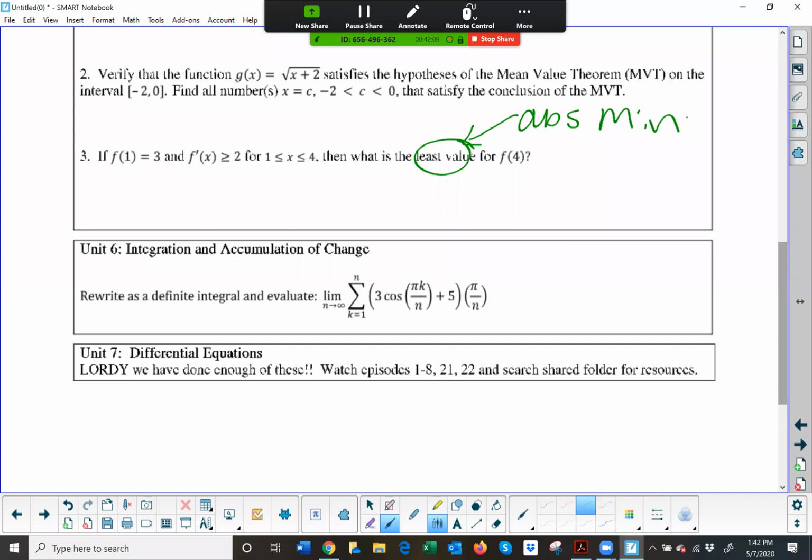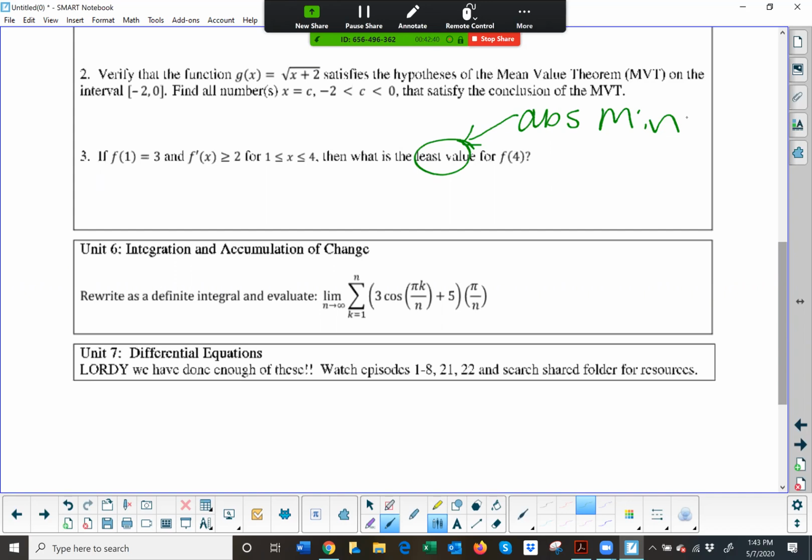I feel like it's almost just kind of build a tangent line. This one's a little crazy. Oh, because they don't give us an original function to work from. Yeah, I could write the equation of the tangent line knowing that the least slope is 2, which would then give me an approximation for f of 4.